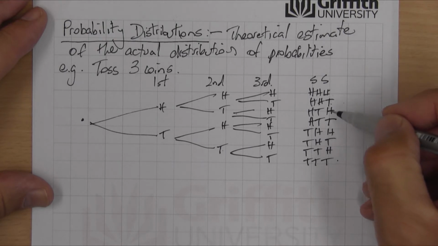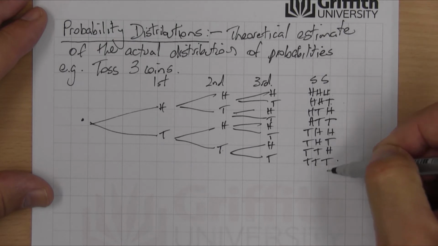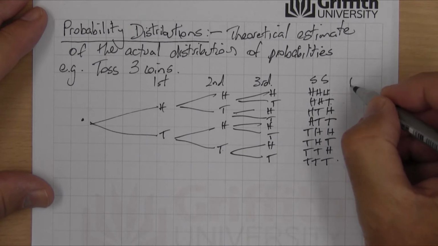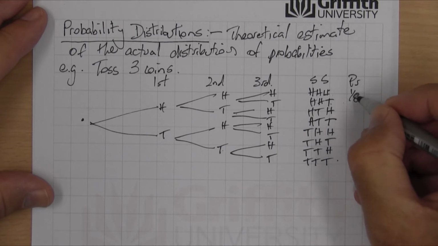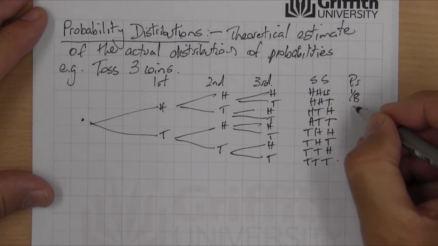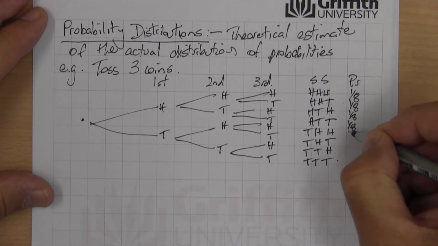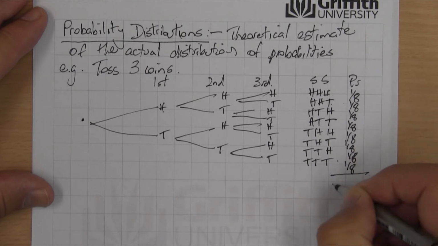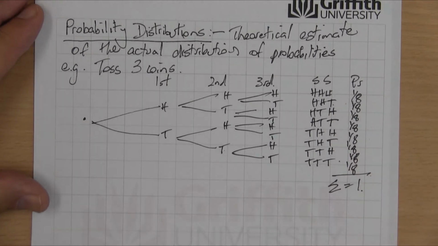So all up, 1, 2, 3, 4, 5, 6, 7, 8. There are 8 different outcomes. They're all equally likely, each with a probability of 1/8. And because there are 8 of them, the total of the probabilities when you add them all up will be equal to 1.